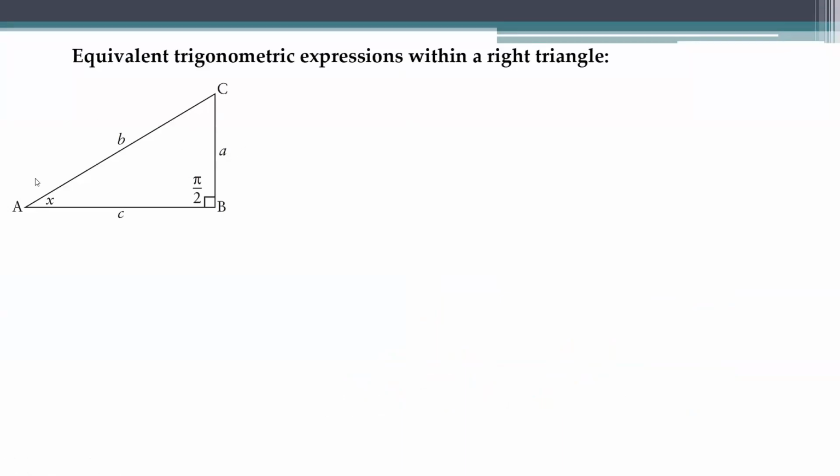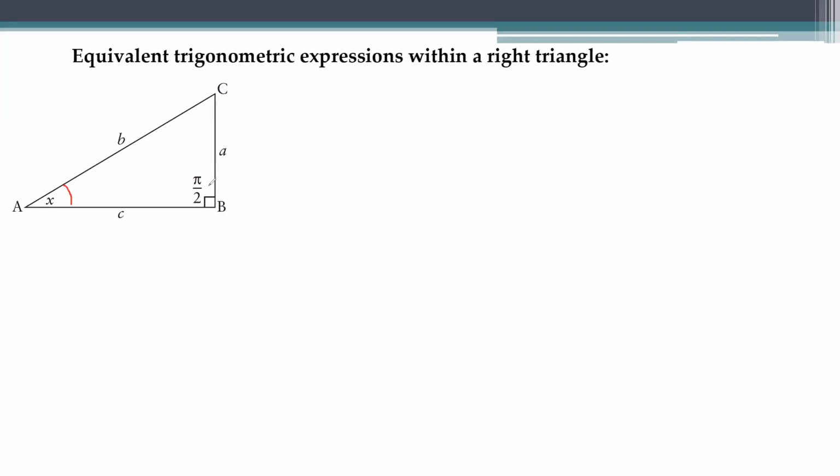Within a right-angled triangle, we can show equivalent expressions as follows. For example, let's say here is the corner x, right?